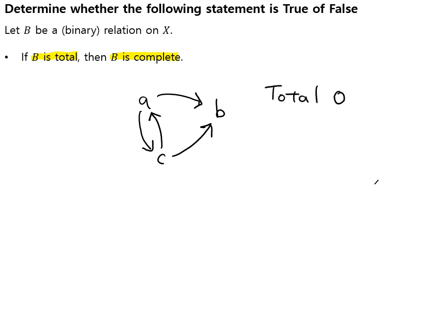The reason is that for every pair of two distinct elements, there is at least one arrow coming from one element to the other. If you look at A and B, A is related to B. If you look at B and C, C is related to B. And if you look at A and C, we can see that they're both related to each other, right? So it is total, but it is not complete.